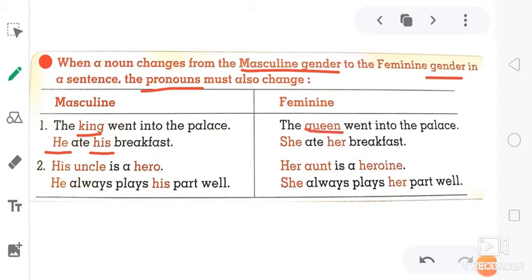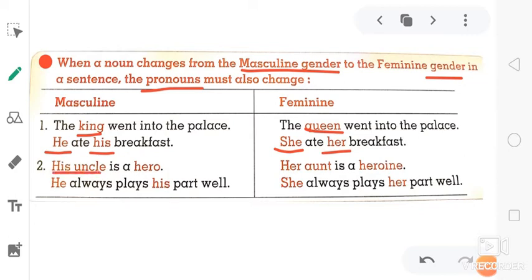The queen went into the palace. Here in the next line we can't write he, because he refers to male. When queen comes, the pronoun he will change into she, and his will change into her. The queen went into the palace. She ate her breakfast.